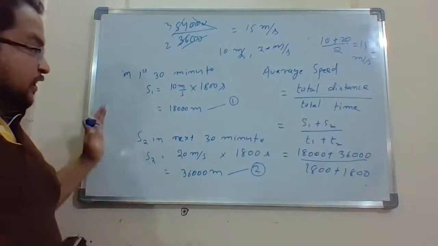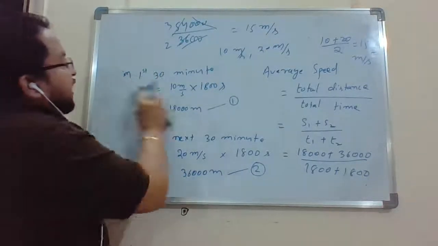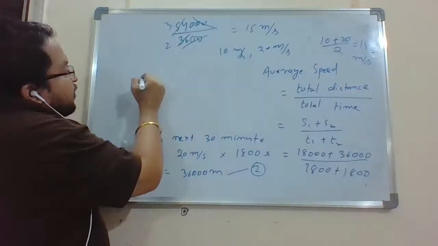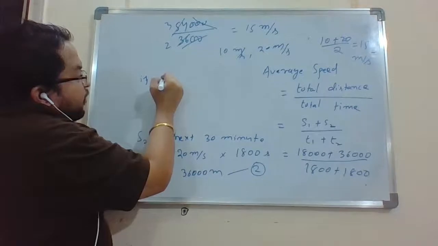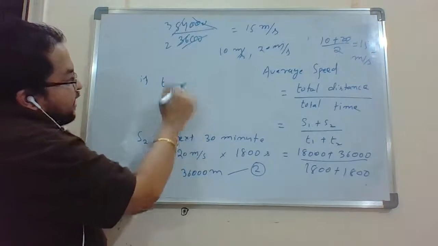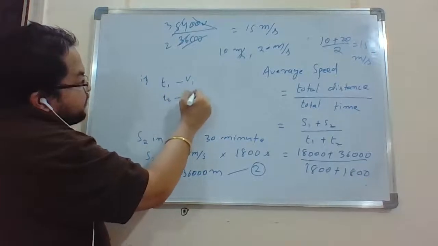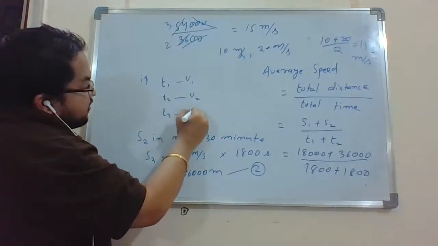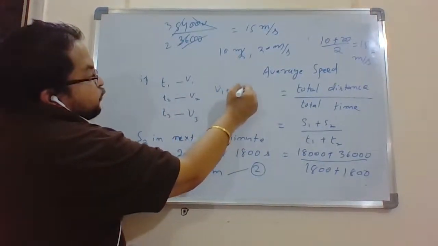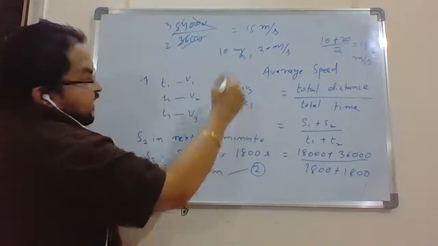Remember, students, when it is given in terms of time, while calculating average speed, if it is given that for t1 time speed was v1, for t2 time speed was v2, for t3 time speed was v3, yes, you can still directly apply v1 plus v2 plus v3 by t1 plus t2 plus t3, and you can still get the average speed.